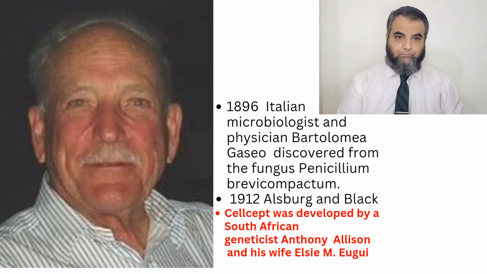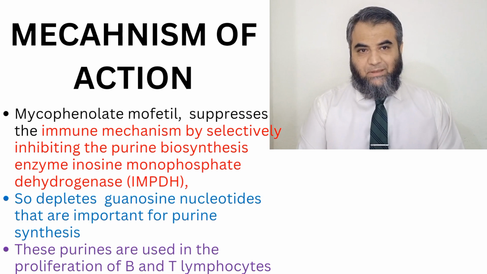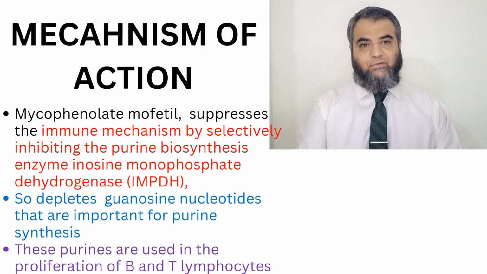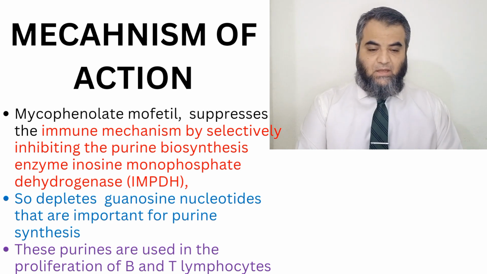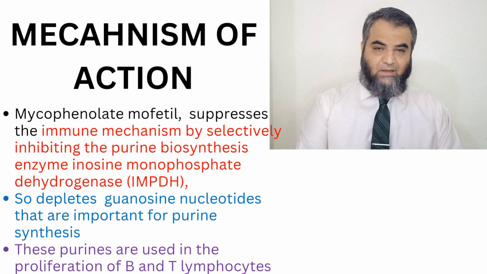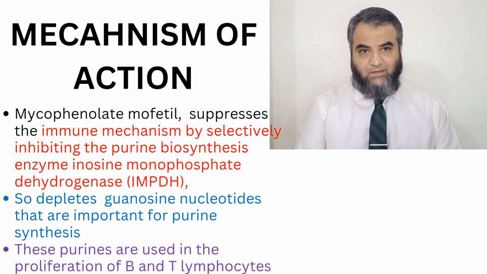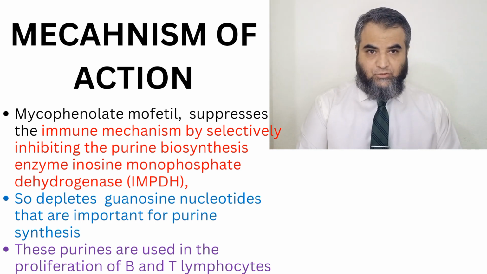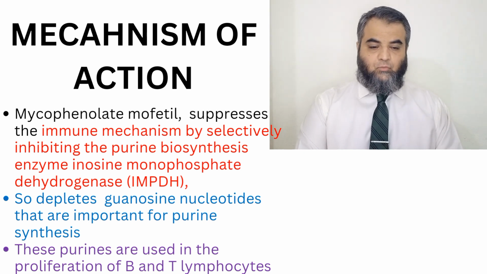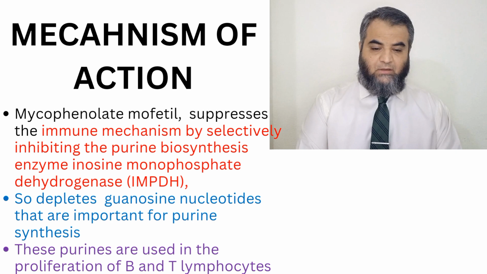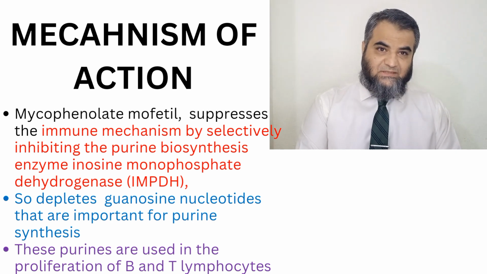Basically, if we talk about the mechanism of action of mycophenolate mofetil, it acts on an enzyme, that is inosine monophosphate dehydrogenase. When it acts on this enzyme, there is a depletion of the guanosine nucleotides, which are essential for purine synthesis.